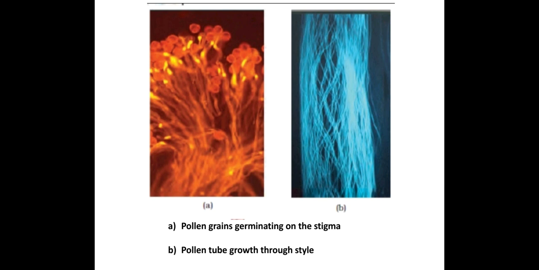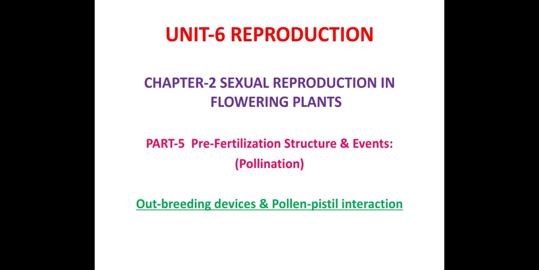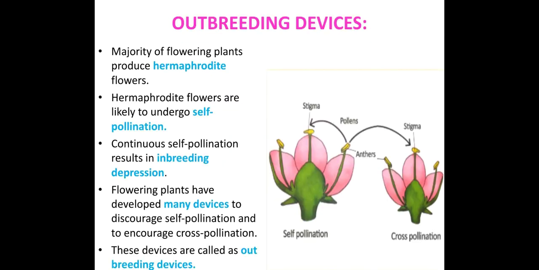So with this I'll stop today's class. Let me tell you once again what we have studied in this part. We have started with part 5 of chapter 2, unit 6, of the second PU syllabus. Here we started with outbreeding devices and pollen-pistil interaction. What are outbreeding devices? These are devices developed in angiospermic plants to overcome inbreeding depression.